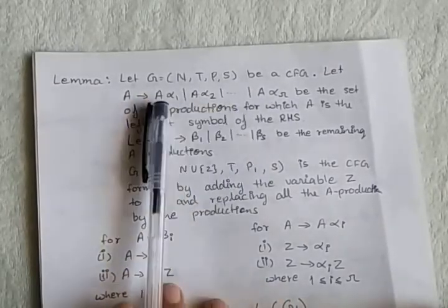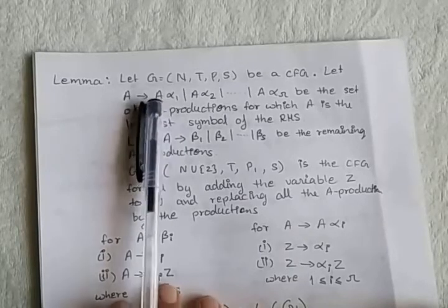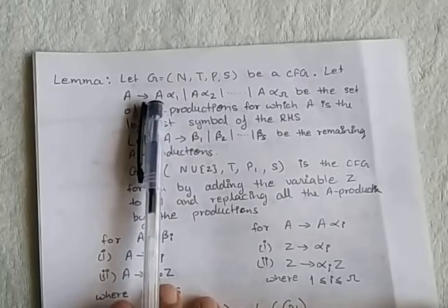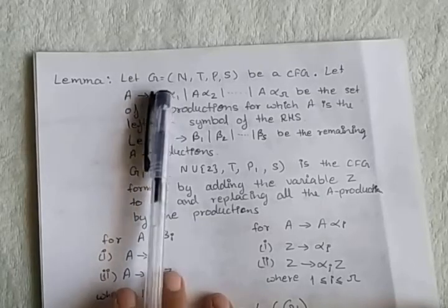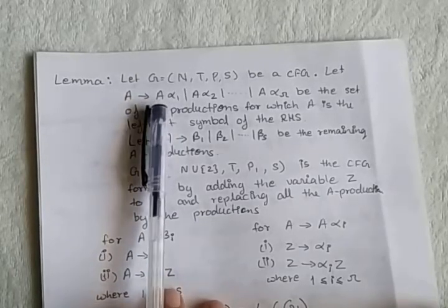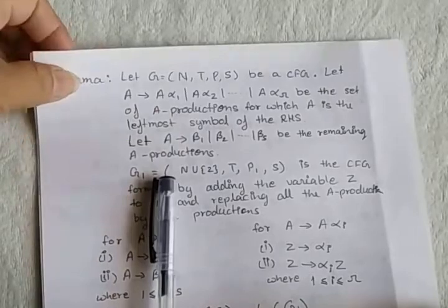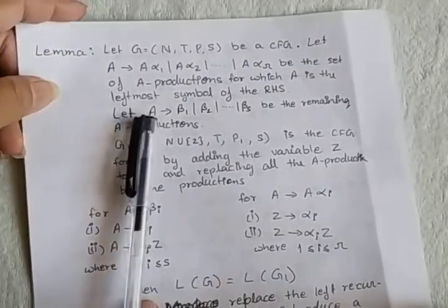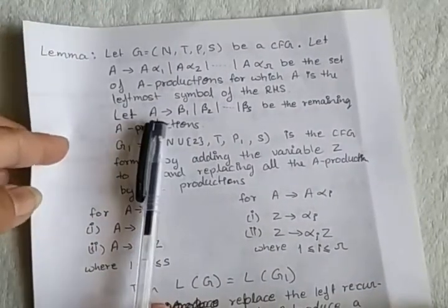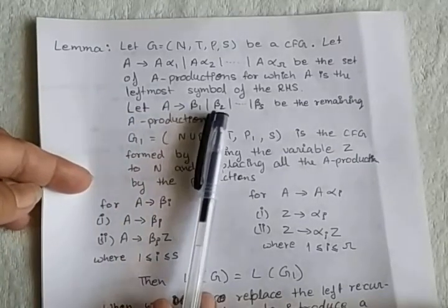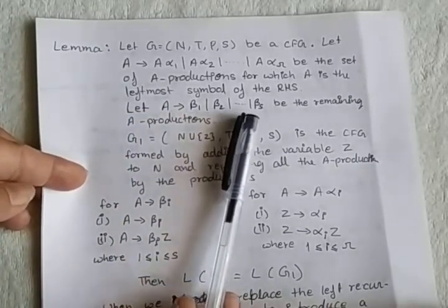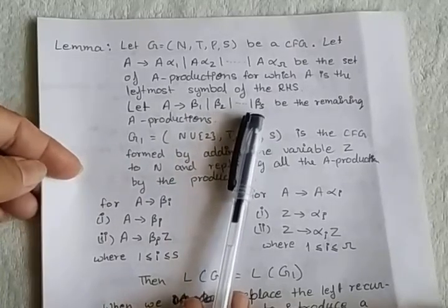And all are left recursive, because here A is occurring at the leftmost side of the entire string. We have some more A productions: A tends to beta 1, or A tends to beta 2, up to beta S.